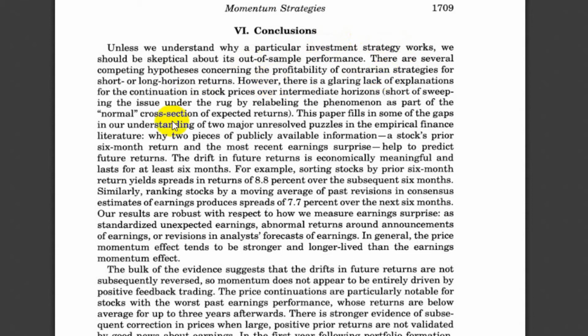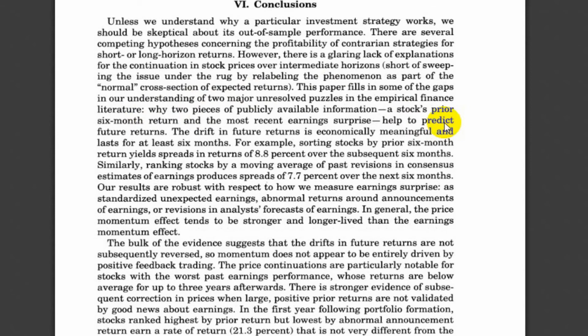In fact, the momentum excess profits have just been explained as the normal cross-section of expected return. And so this paper set out to explore 2 different unresolved puzzles, and that's why the past 6-month returns and the most recent earnings surprises are helpful in predicting future returns.